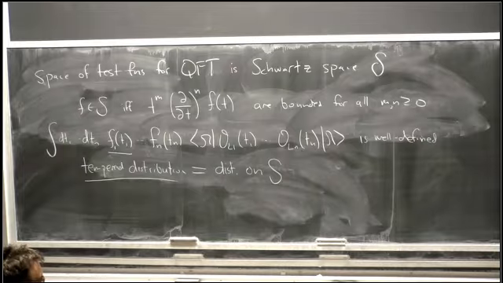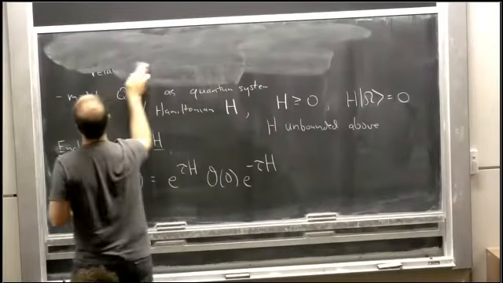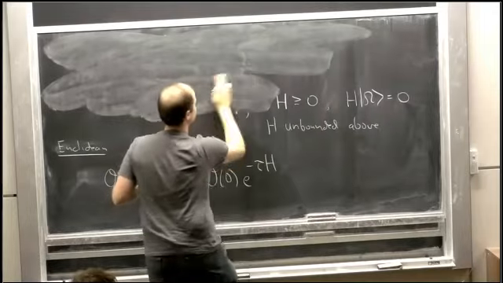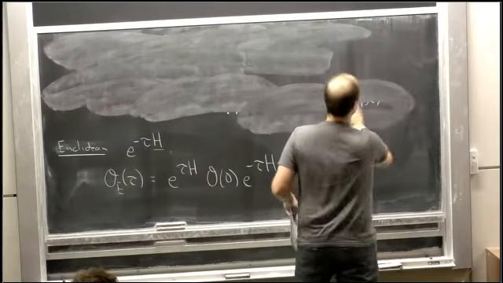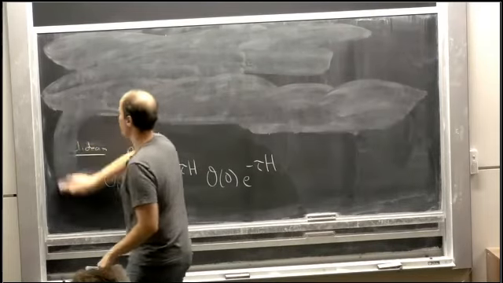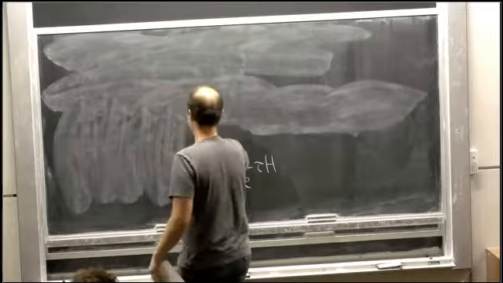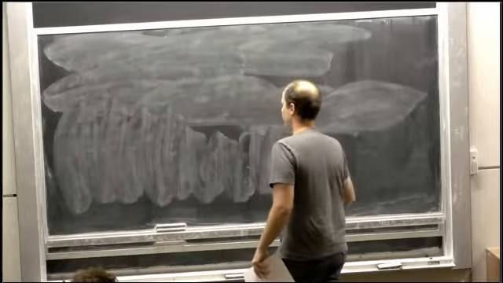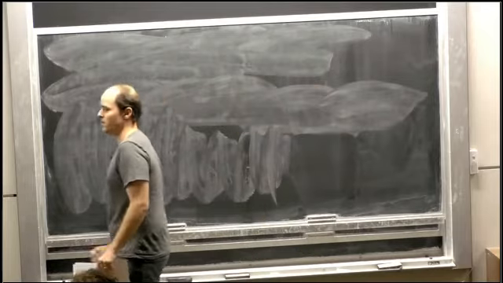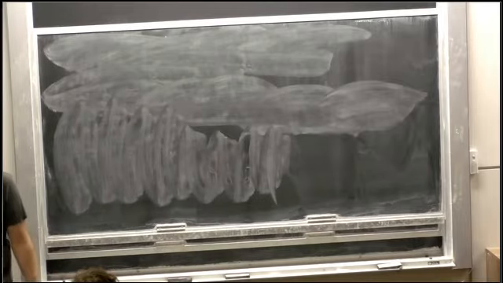So, why are Lorentzian correlators tempered distributions? I want to give you a quick argument in the case of a one-dimensional theory. I won't prove it in the case of a d-dimensional theory. For that, I'm going to have to quote the Osterwalder-Schrader reconstruction theorem.